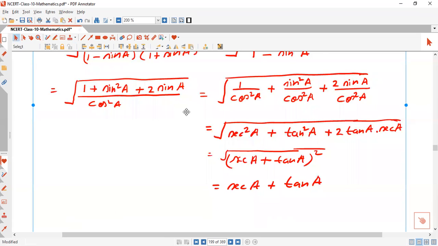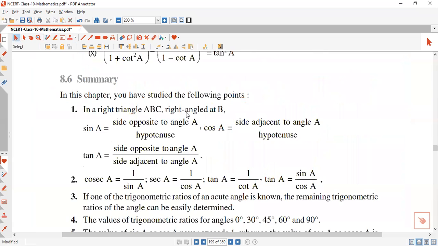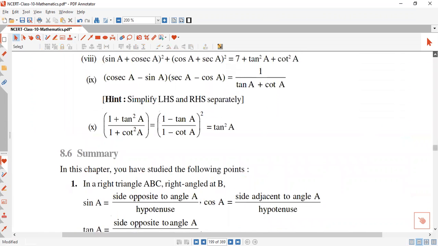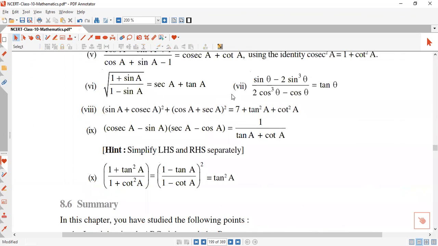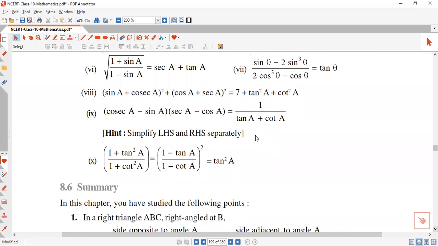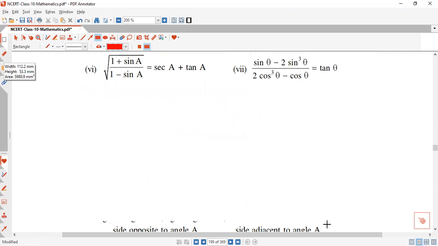Now we would like to do another question. Question number 7: sin theta minus 2 sin cube theta divided by 2 cos cube theta minus cos theta equals tan theta.